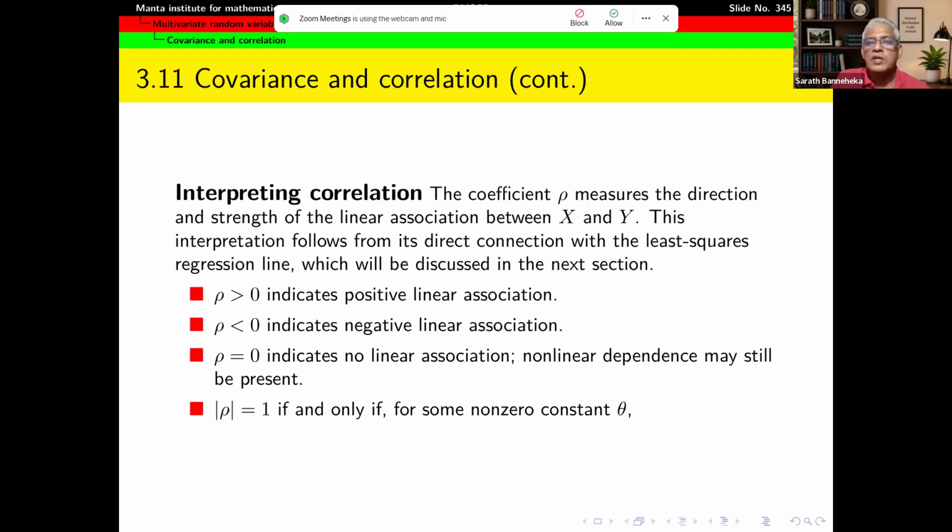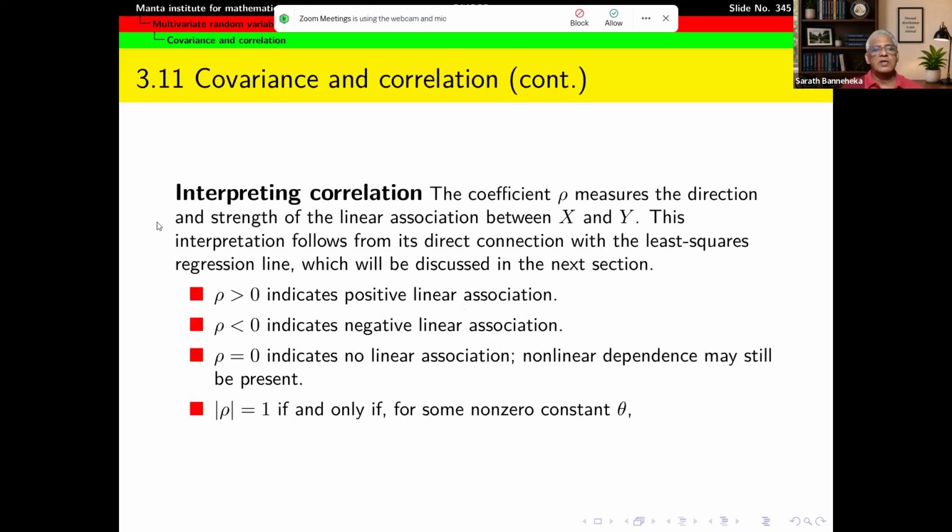Rho becomes positive 1 or negative 1, that means absolute value of rho becomes 1, if and only if X and Y are exactly linearly related. Right.